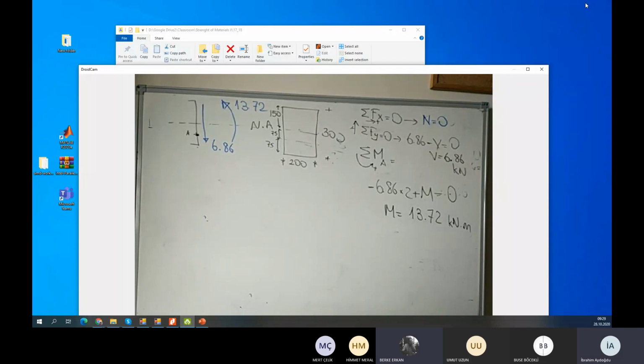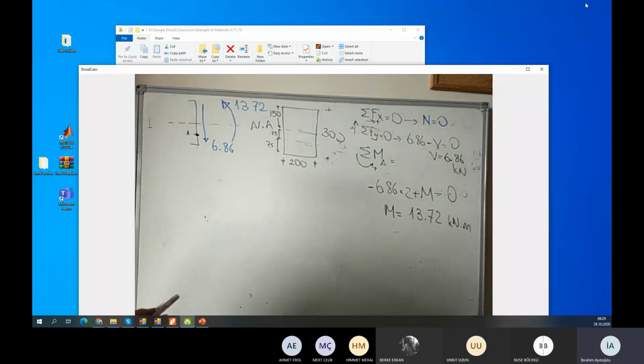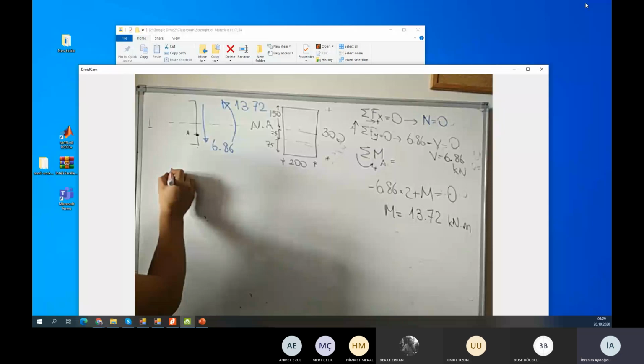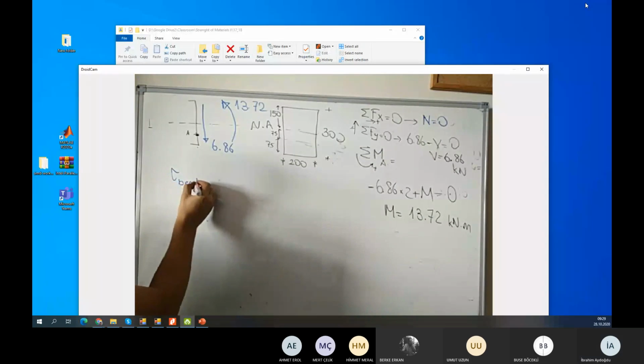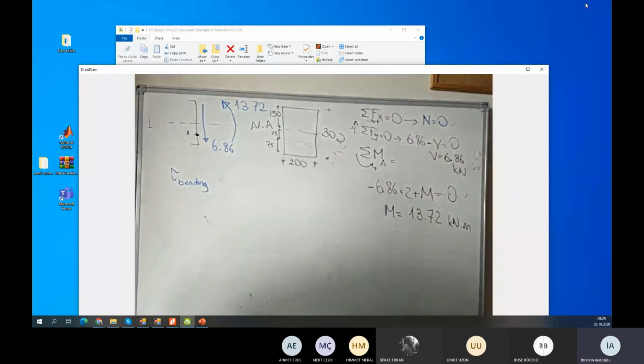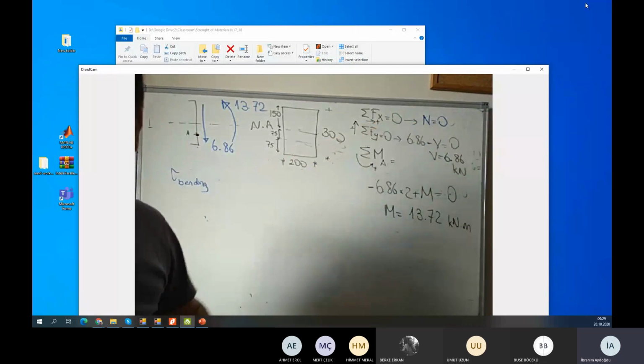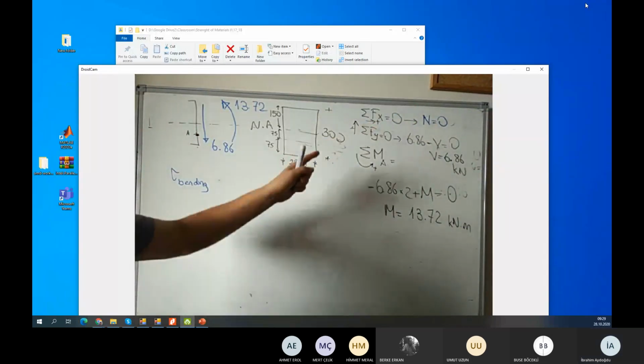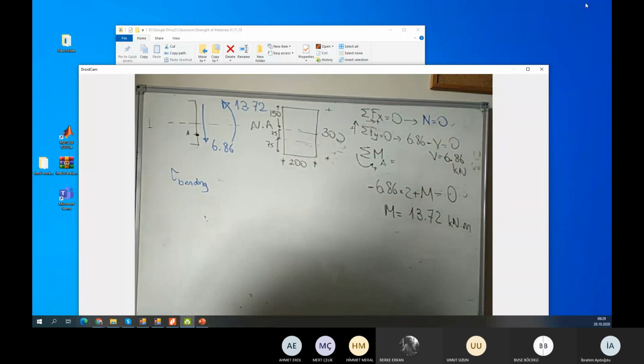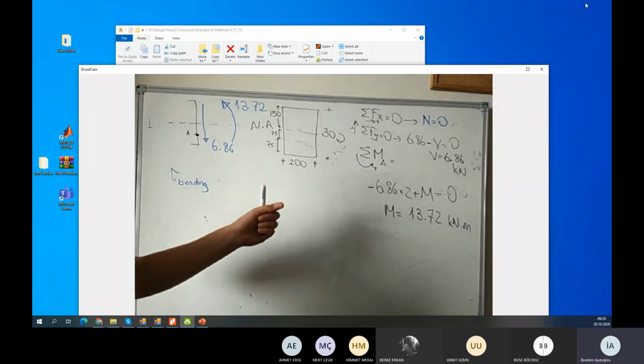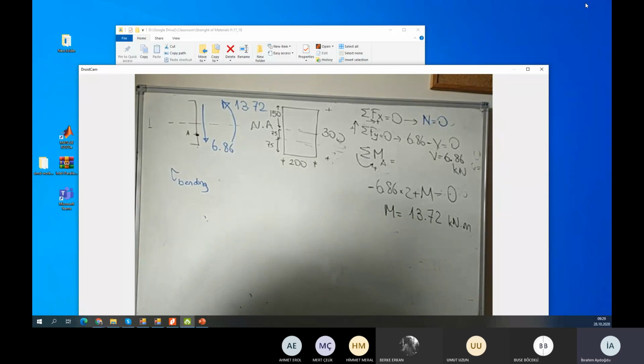It does not occur. Wrong answer, it occurs. Normal stress occurs. Normal stress is due to bending. We have no normal force, so there is no normal stress due to axial force. Correct. But normal stress occurs due to the bending.